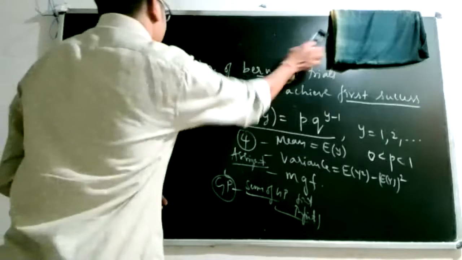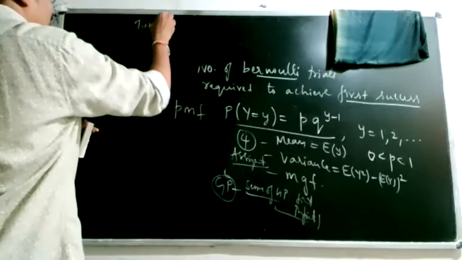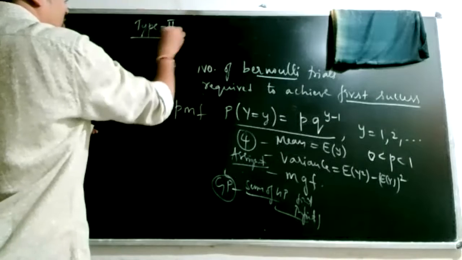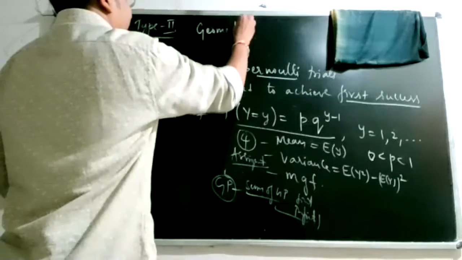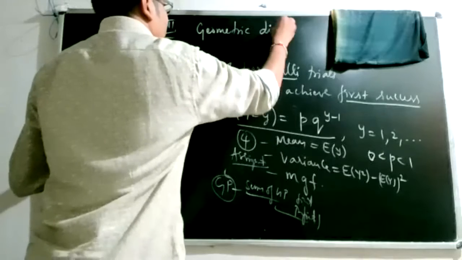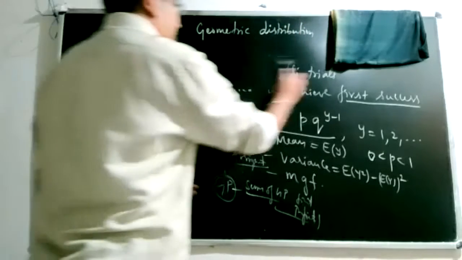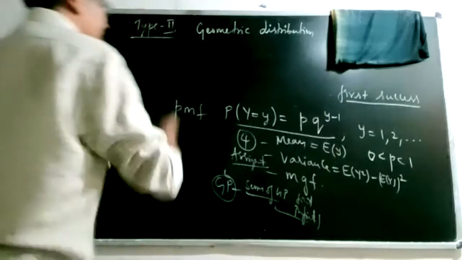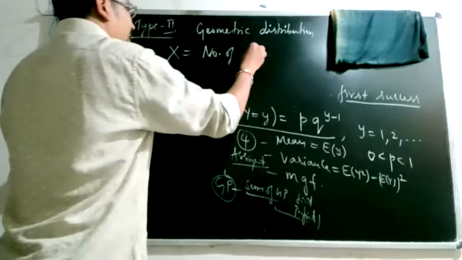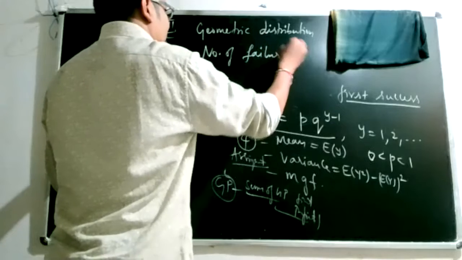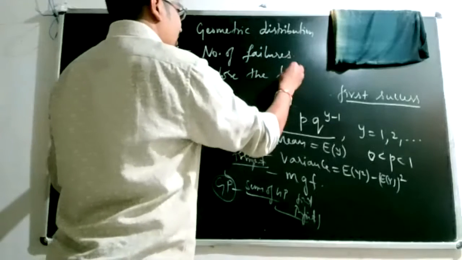Next, we'll take the most frequently used geometric distribution. I'll call it the second type geometric, where we define X as the number of failures before the first success.